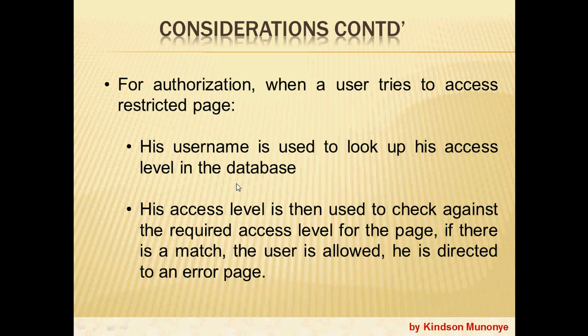This check against the content of the database is always done using the username that has been stored in the session variable. His access level is then checked against the required access level for the page. If there is a match, the user is allowed and directed to the page, and if there is no match, he is redirected to an error page.